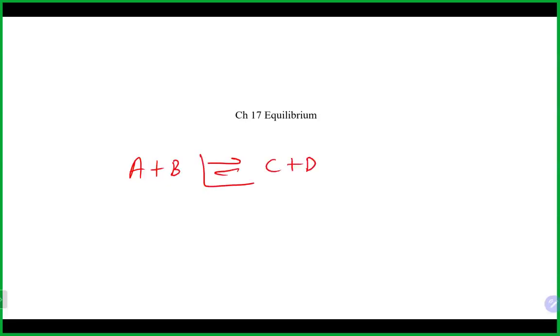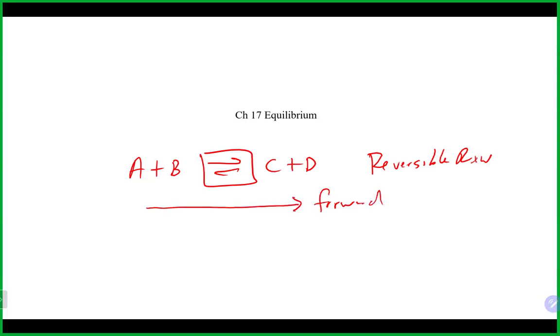And a reversible reaction has these two arrows. The deal with a reversible reaction is there is a forward direction, which goes from reactants to products. So as this reaction starts, it's going to be like a normal reaction. The reactants are really the only thing that could be there, and those will start reacting and start to make products.